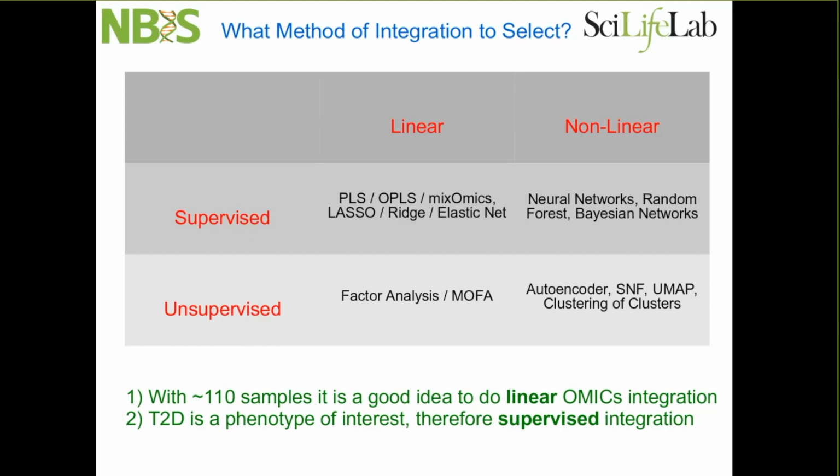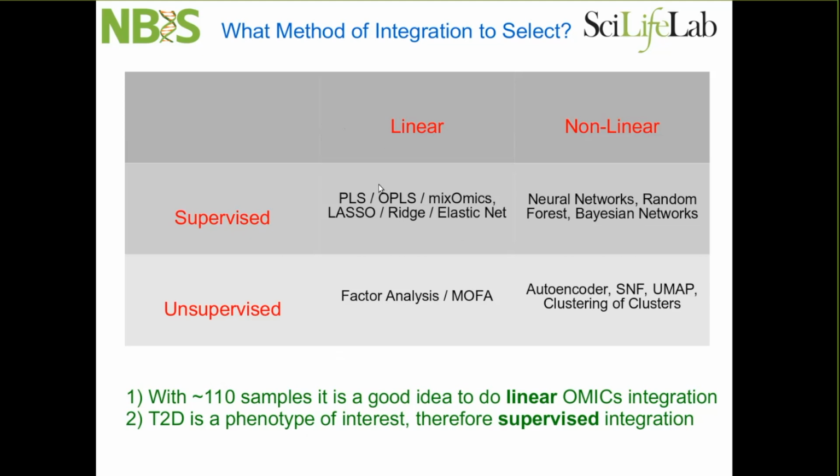But even if you have a clear phenotype of interest, maybe diabetics and non-diabetics, you can still ask, maybe there are subtypes of diabetes, or non-diabetics can also be subdivided into subgroups. There is some hidden structure in the data. And then unsupervised analysis is very useful in this case.